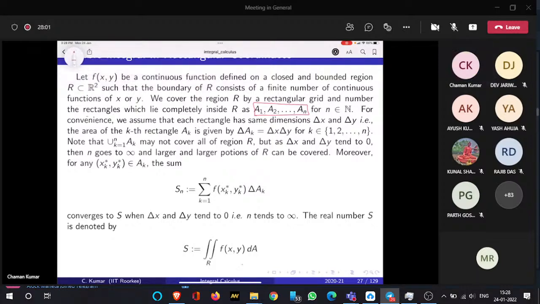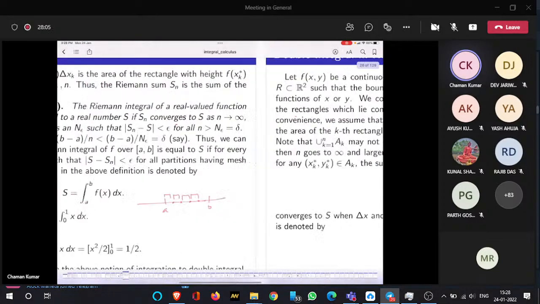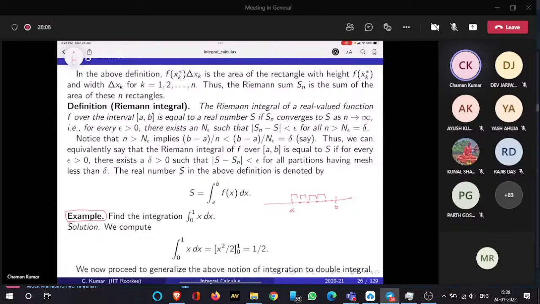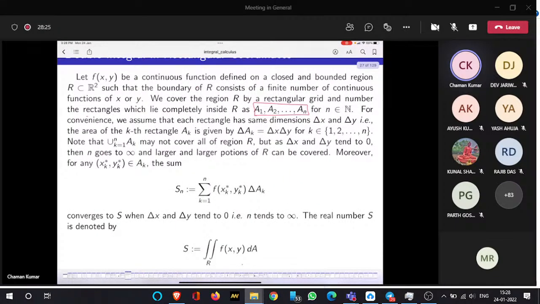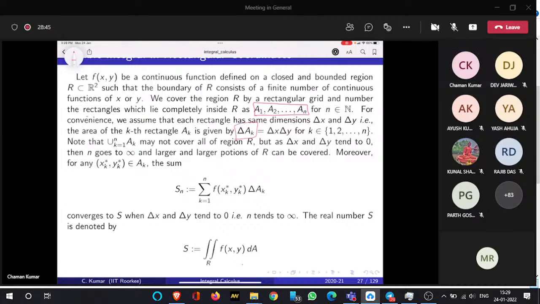Now we can find the area of every rectangle. What did we do in the one variable case? In every subinterval we found a length, the length of the kth interval, which was denoted by delta k. In the same way we will find the area of this rectangle, and when you go to the function of 3 variables case, we will find the volume of the cuboid. Okay, so let us say that delta Ak denotes the area of the rectangle in this case, and the area of the rectangle will be length into width.